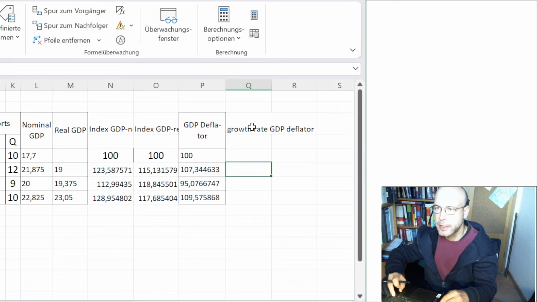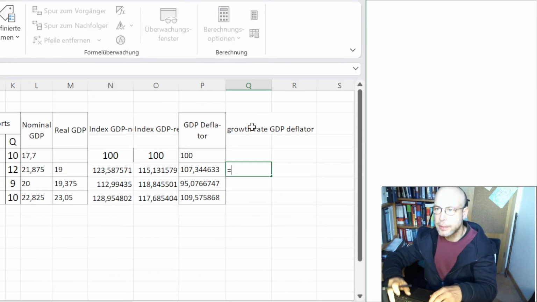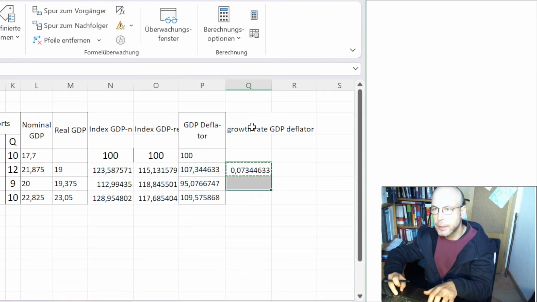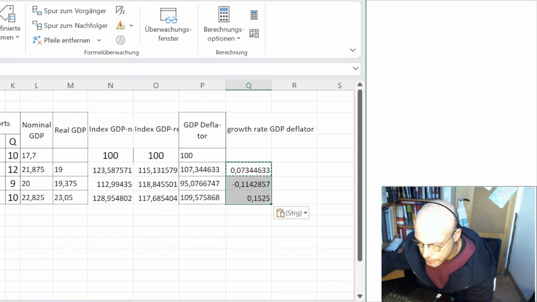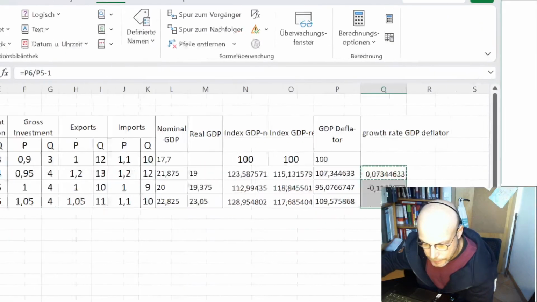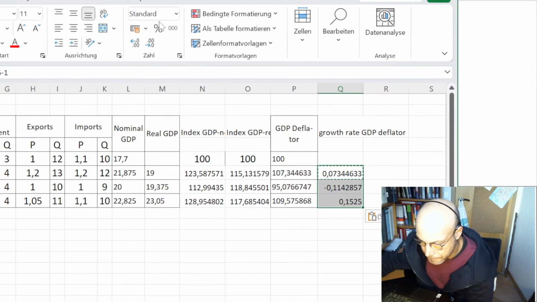This would be then here, of course, in the first case, we just can look it up, 7.3%. This would be then 107 over 100 minus 1. And let's do this as percentage.